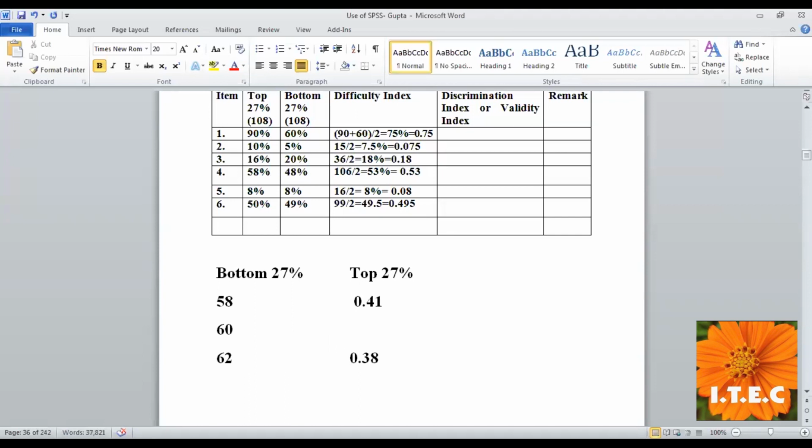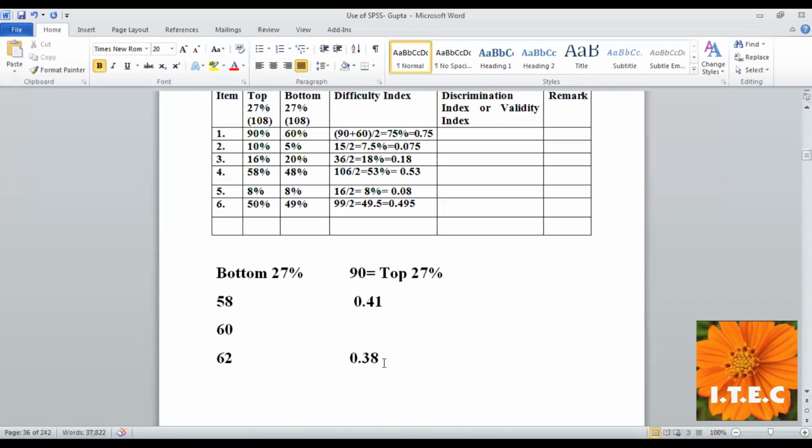So I hope you have understood it. That for 58, it was 0.41, and when it was 90, here it was 90. So this is the value.